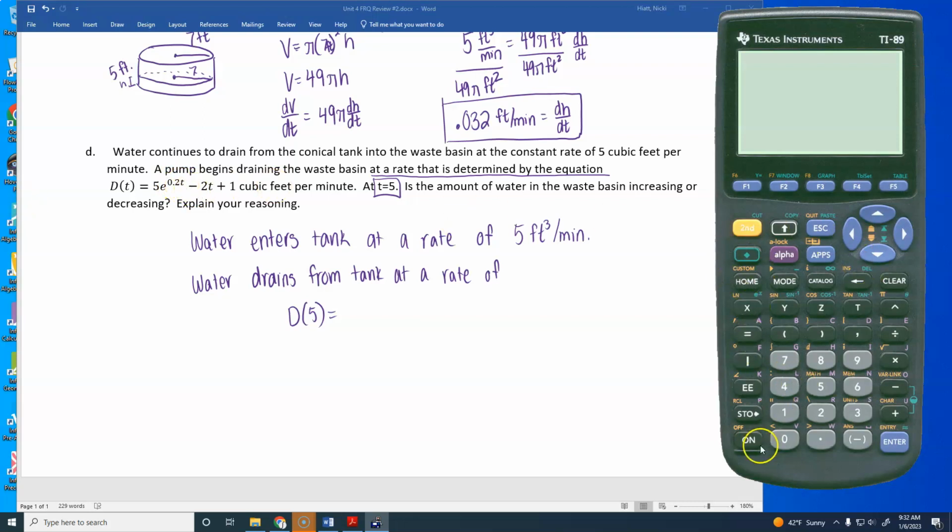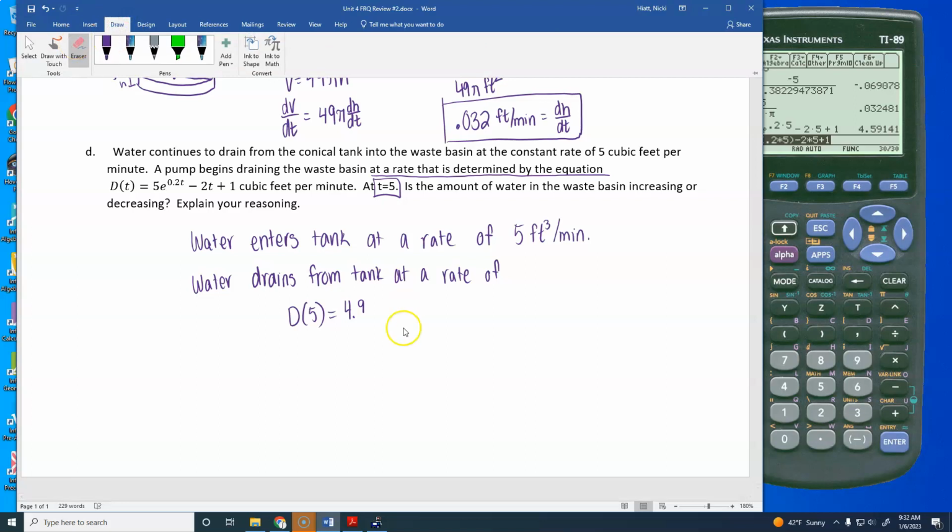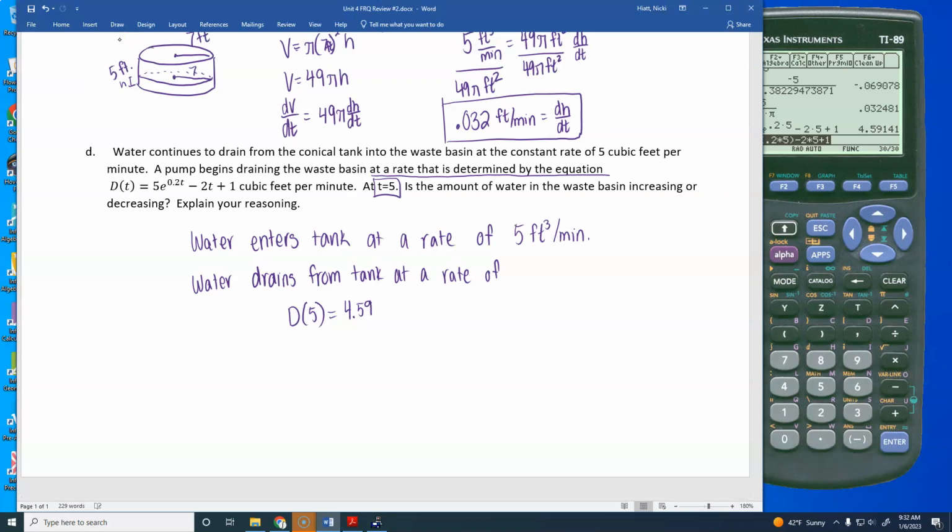You could just type it in. 5e to the 0.02 times 5 minus 2 times 5 plus 1. And we get 4.59141, and that'd be cubic feet per minute also.